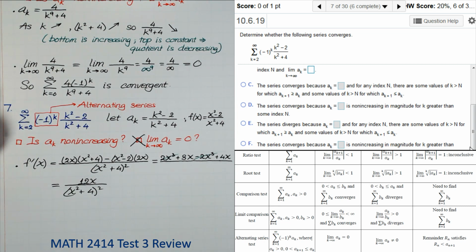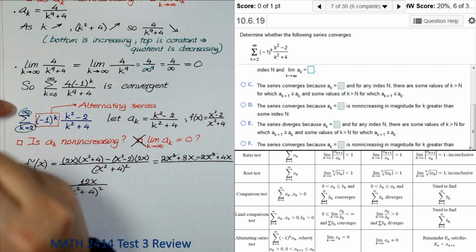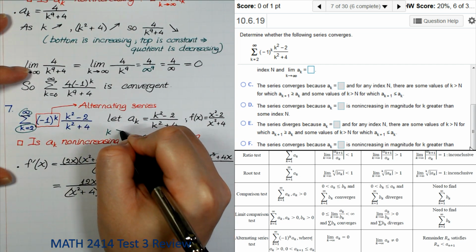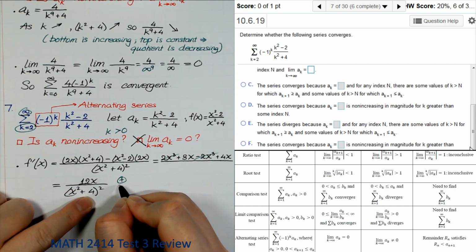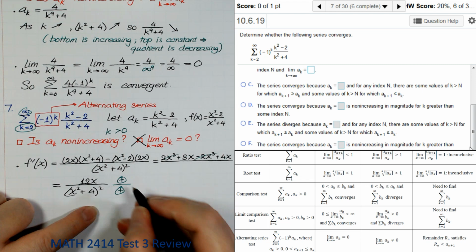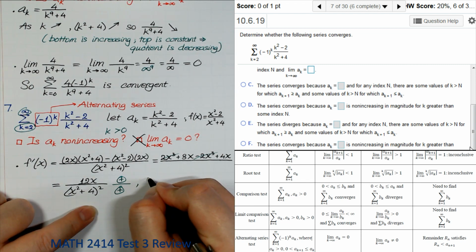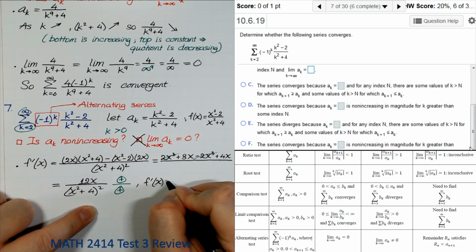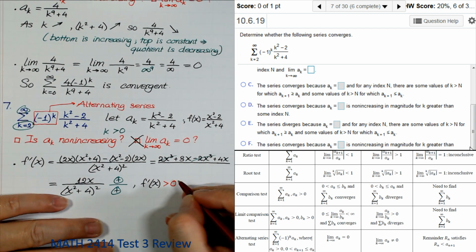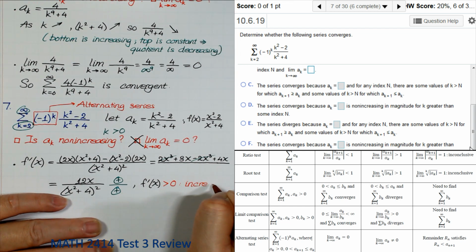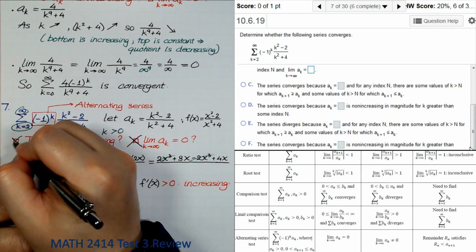Now for this one, k goes from 2 to infinity, so certainly k is positive. If k is positive, the top is positive, and the bottom, being squared, is always positive, so this one is positive. Now if the derivative is positive, the function is increasing, right? So actually this one fails as well.